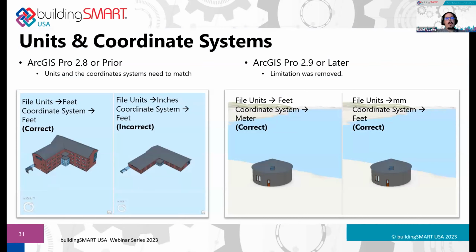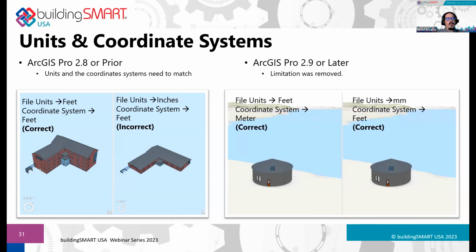So before we do the integration between BIM and GIS, we had a hurdle: units and coordinate systems needed to match. What that means is that if your file was in inches, your coordinate system needed to be in inches, which creates a big issue.